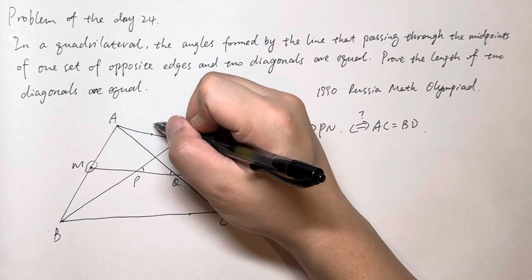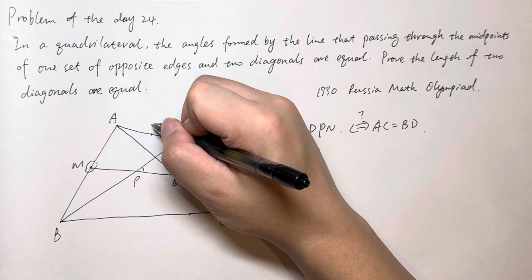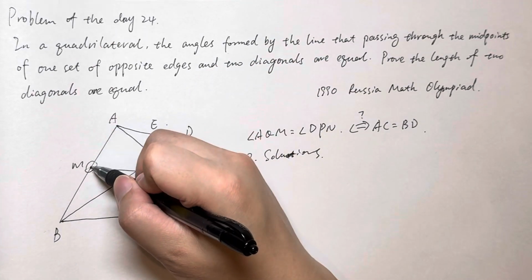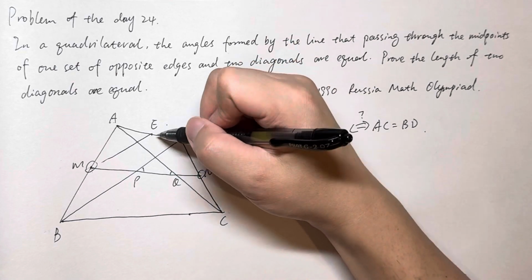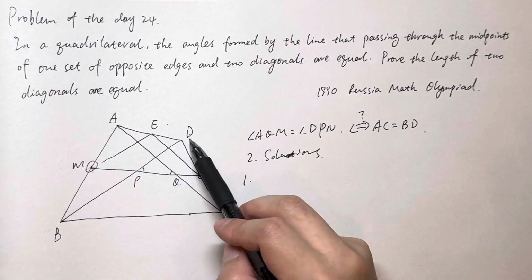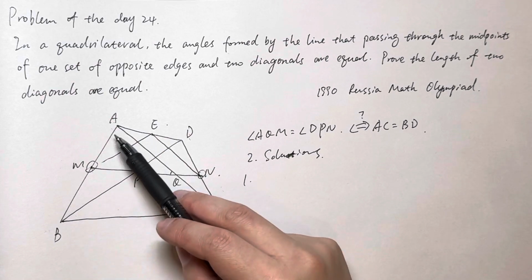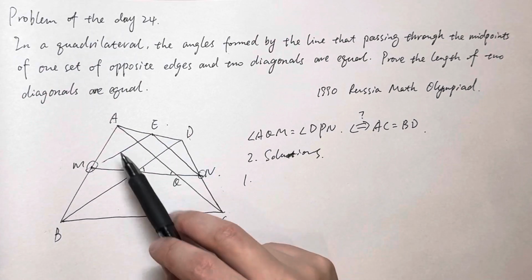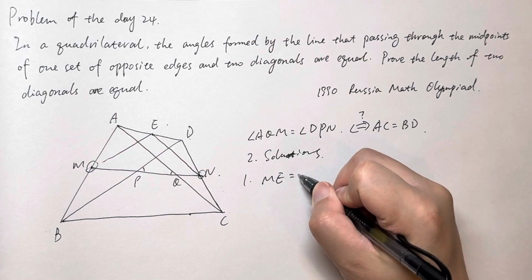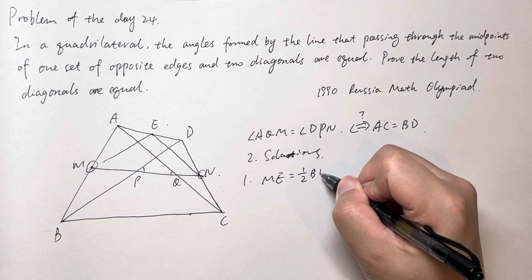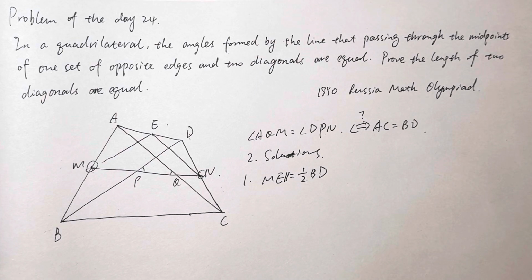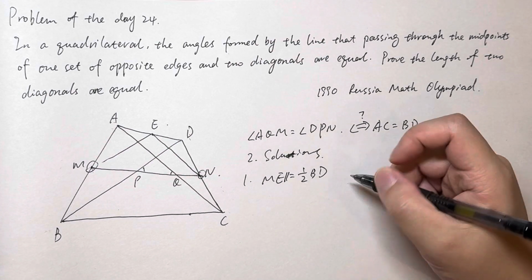Let's call it point E, okay? If we connect ME and connect EN, we know that in triangle ABD, M and E are the midpoints of AB and AD. So ME equals half of BD, and also ME is parallel with BD, right?